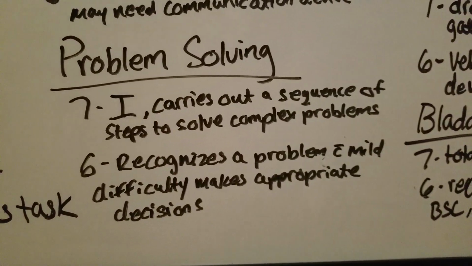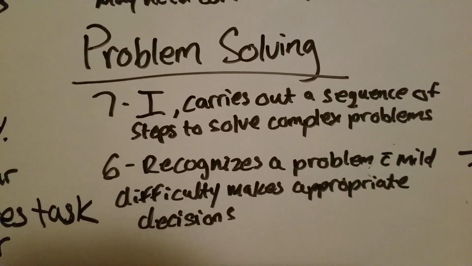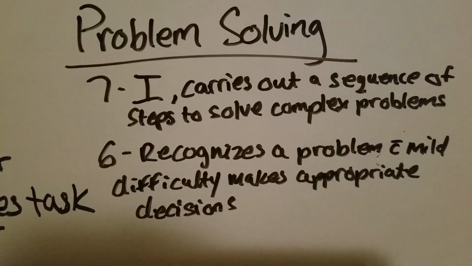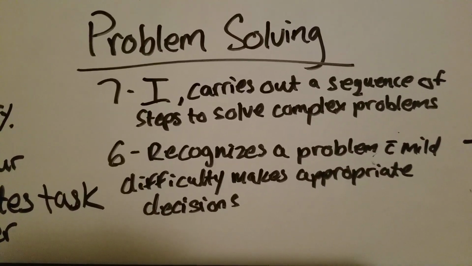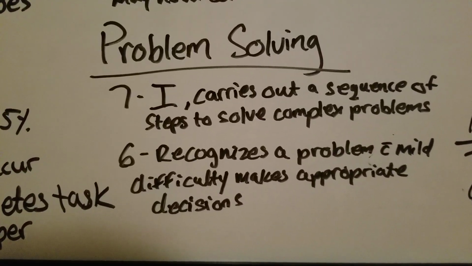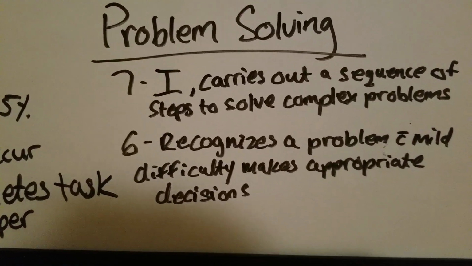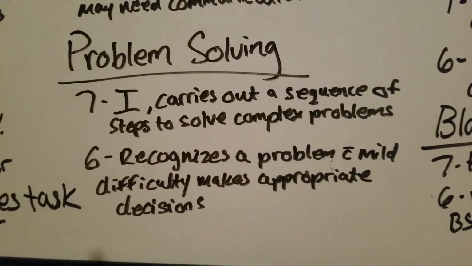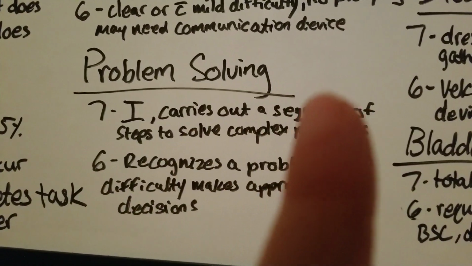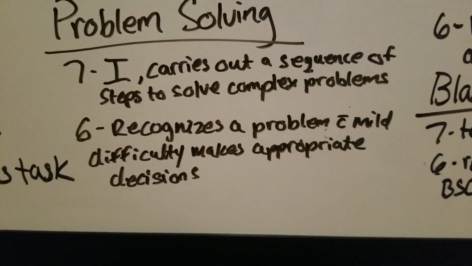Problem solving. Now, a 7, the individual carries out a sequence of steps to complete a complex problem. They require no prompting. They're able to analyze the situation, see what the problem is, and work towards solving it. I went too high. Solving it. And last but not least, we have 6.